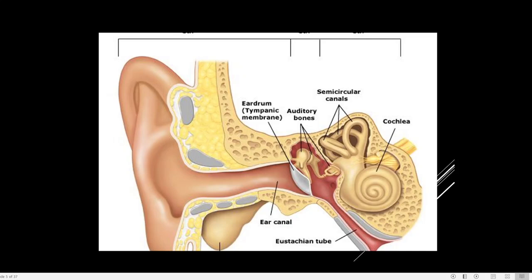This is the internal ear. Just to transfer that, they have a bony connection. This bony bridge, which transfers sound vibration from the tympanum to the internal ear, is known as the ear ossicle, also known as the auditory ossicle, also known as the middle ear bones or auditory bones.